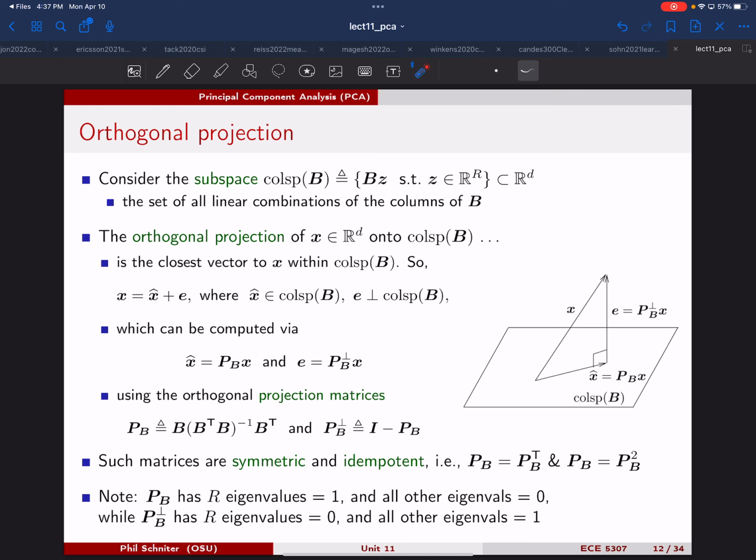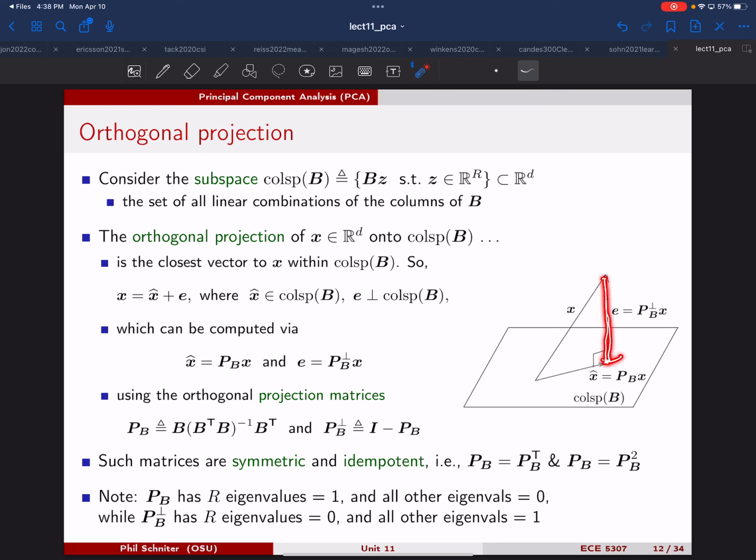Right. It's exactly. So, why is this orthogonal? Well, geometrically, you can imagine, if I have some candidate point here, and I look at the distance here, and this is not a right angle. That means that I can move it a little closer, and closer and closer until it's sitting here, and the error is orthogonal.